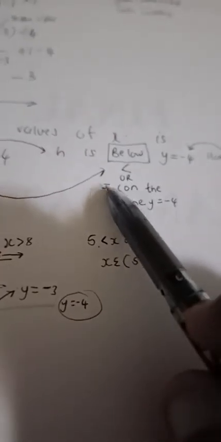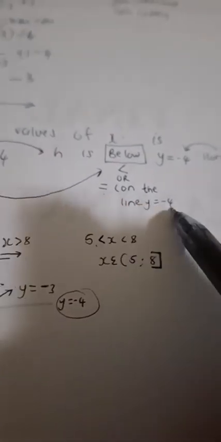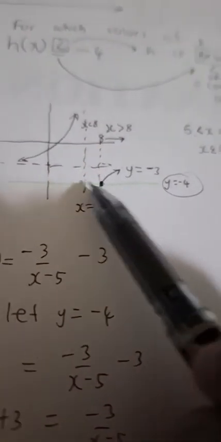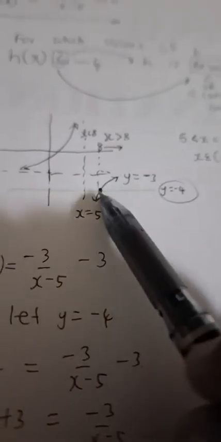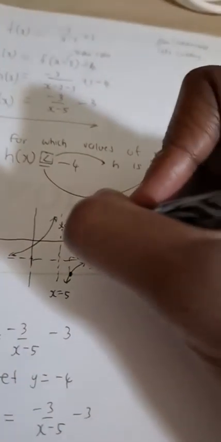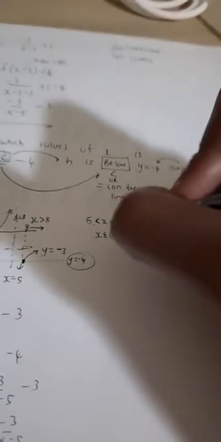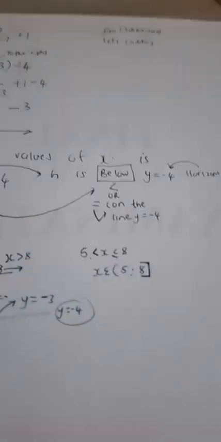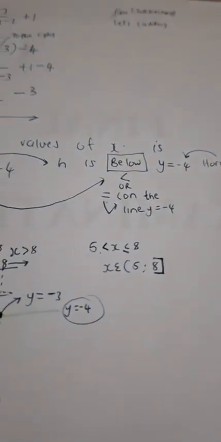So we have already established that in order for h to be equal to -4, equal means on the line y is equal to -4. So which x value shows us the function being on the line y is equal to -4? It's when x is equal to 8. So that's why we know that we have to include 8 for the equal part to be true, meaning on the line y is equal to -4.